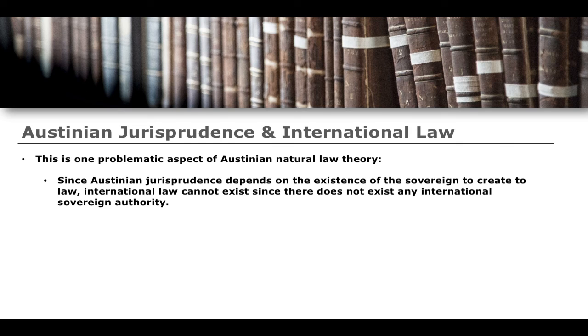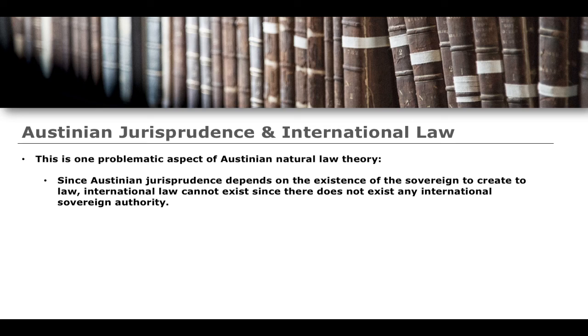This is not to suggest that international law doesn't exist according to an Austinian positivist. There is a collection of things that we can describe using the phrase international law, but according to an Austinian positivist, or someone who believes in Austinian jurisprudence, we can call it international law all we want, but it is not law in the same way as domestic legal systems develop law. Now, this is not even an uncontroversial opinion in some realms of academia, specifically within common law jurisdictions.